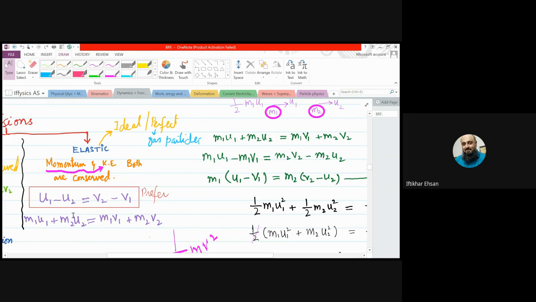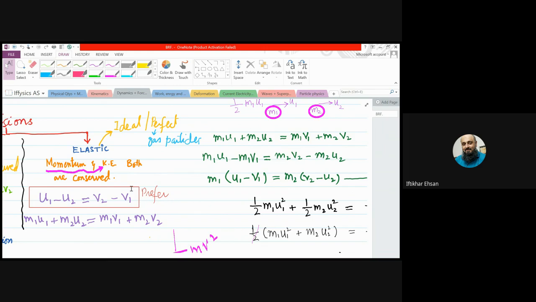What are these? u1 minus u2 is equal to v2 minus v1, and the other is conservation of momentum. And I suggest whenever there is an elastic collision, prefer using this formula first because it is simpler and it will save a lot of time and working if you keep this in mind.